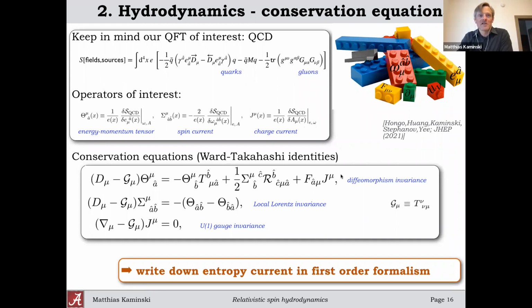Actually, it needs to vanish. If I understood the literature correctly, that is the consequence. The spin current would have to vanish in that case. I believe that is the latest result, from a paper by Stephanov and Yee and collaborators. I see. Okay. Thanks.